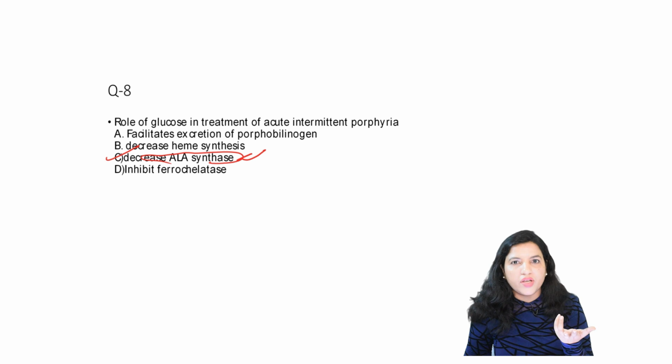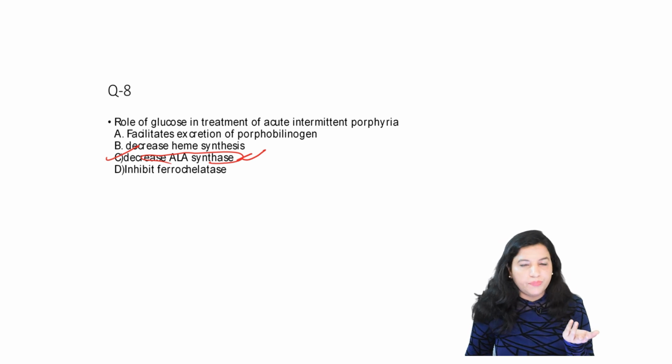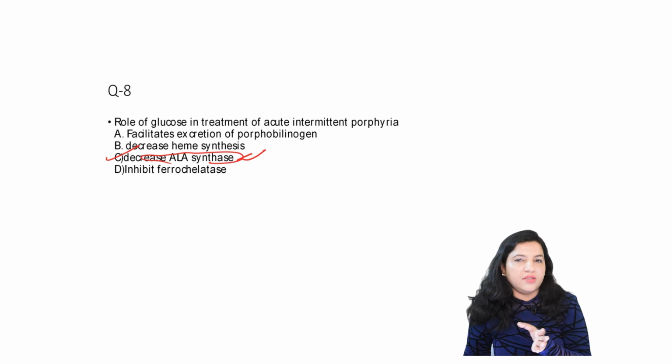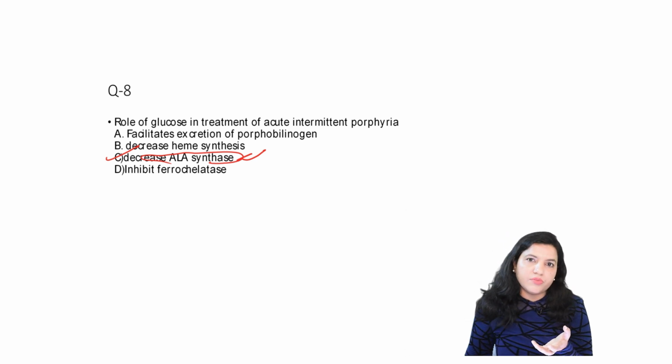So that is why porphyria symptoms will appear, especially in acute intermittent porphyria, if the patient is starving. That is why in acute intermittent porphyria we give IV glucose.